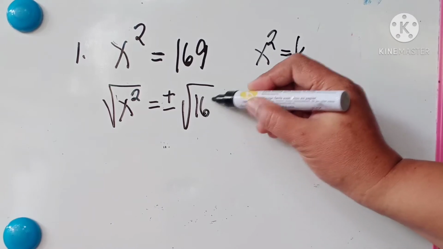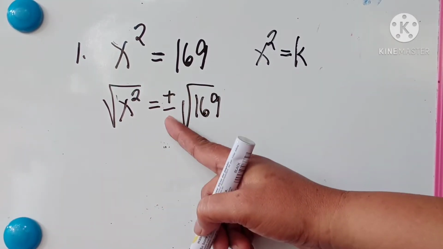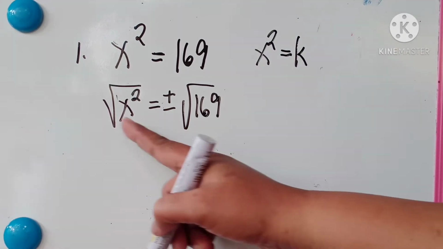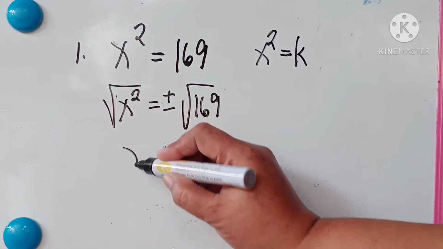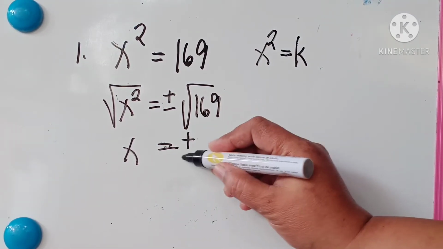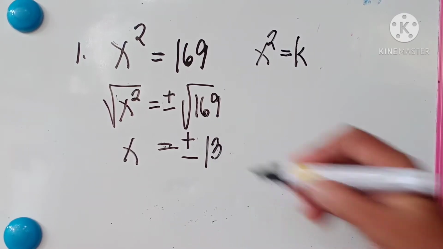So, we have square root of x squared equal to positive negative square root of 169. So, the square root of x squared now is x. Then, we have positive negative square root of 169 is 13.